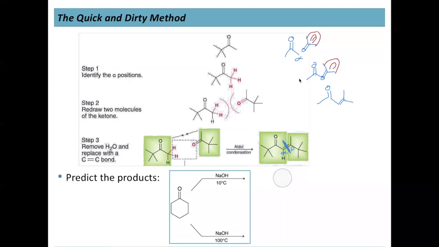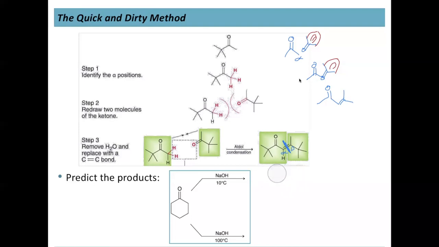So we'll try it again. So you try to draw all the atoms in as close to position as the problem gives you. And then what I'm going to do is just disconnect from that alpha position, and that shows me what two carbonyls gave me that alpha beta unsaturated carbonyl.